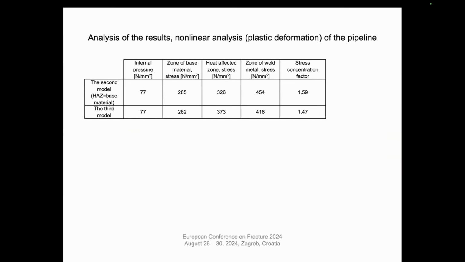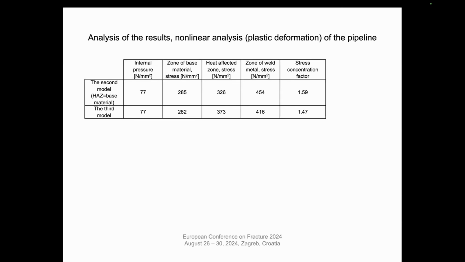It is interesting to see here that when you include the real properties of the heat affected zone, the stress concentration factor is lower than when the heat affected zone has the same properties as the base material.